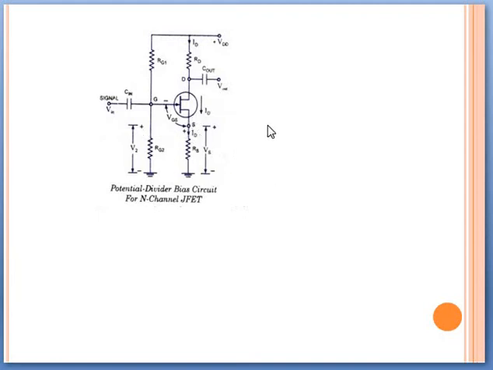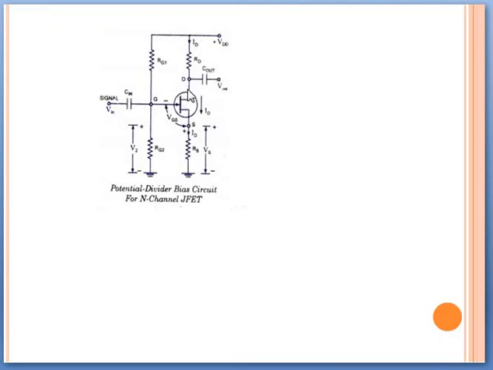The additional gate resistance RG1 from the gate to the supply voltage facilitates larger adjustment of DC biasing points and permits use of larger values of RS. So we can use larger values for RS because we have this voltage divider circuit. The gate is reverse biased in this condition.